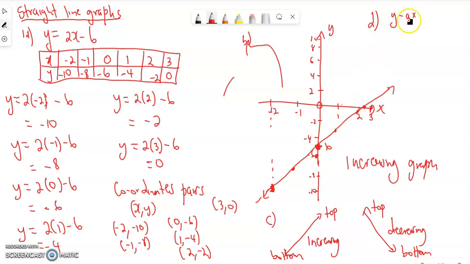So the y-intercept will be at y is equals to -6. And remember our value of x here is 3.